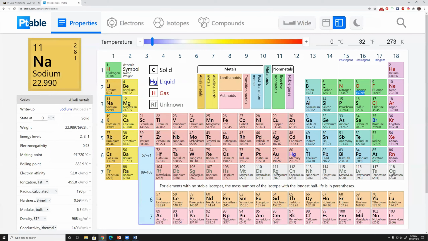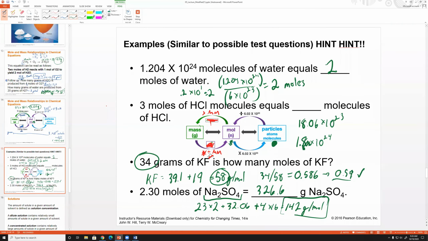We saw that the molar mass was about 23 if we round up. There are 2 of them, so 23 times 2. We did the same thing for sulfur. Sulfur is 32.06. And the same thing for oxygen, and there are 4 of them, so plus 4 times 16. And that would be 142 grams per mole. That's the molar mass of Na2SO4.